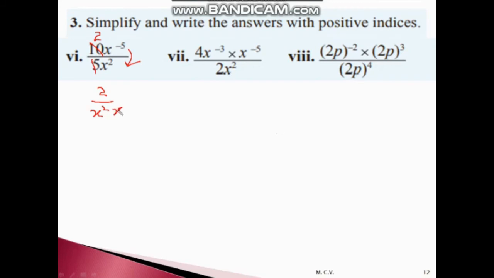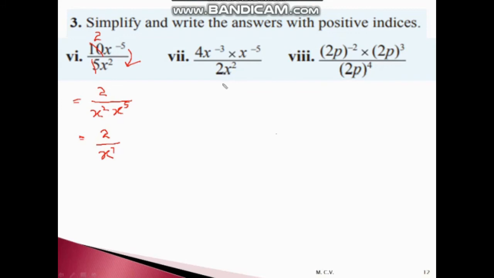Now you can simplify indices. Two over x to the power 2 into x to the power 5 in the denominator. So 2 plus 5, there is a multiplication in the denominator. 2 plus 5 is 7. 2 over x to the power 7.